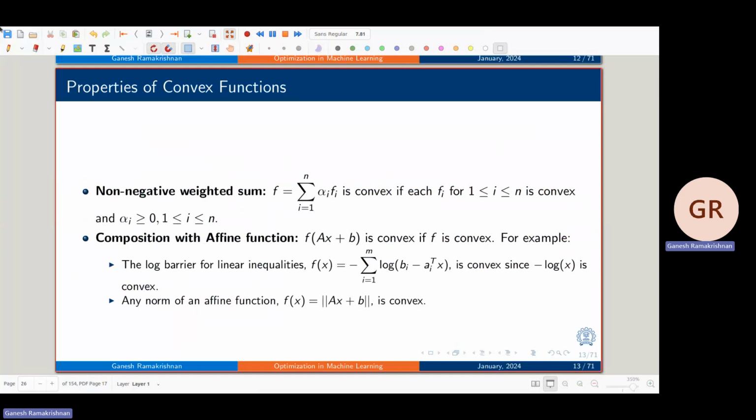Okay, so the first is non-negative weighted sum. The second property is composition. So if f is convex and Ax plus b we know is an affine function, f of Ax plus b is also convex.